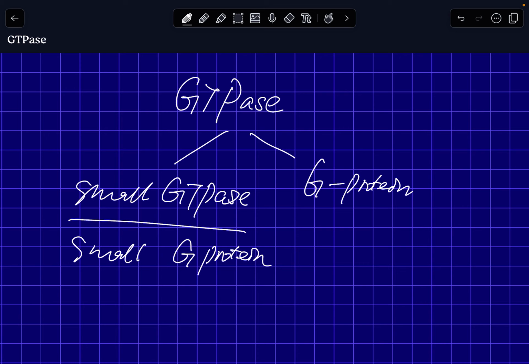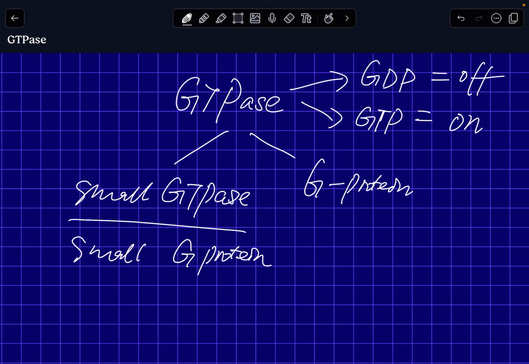All right, so we also learned that we can either turn on or turn off GTPase, right? When GTPase is bound to GDP, then we know it's the off status. It's inactive GTPase, okay? When it binds to GTP, we know it's on.